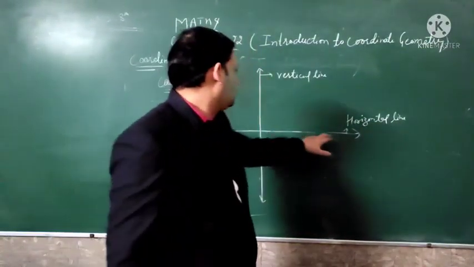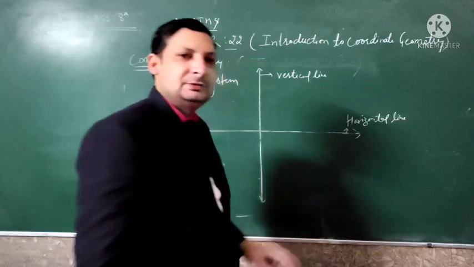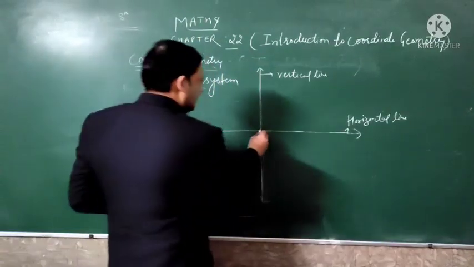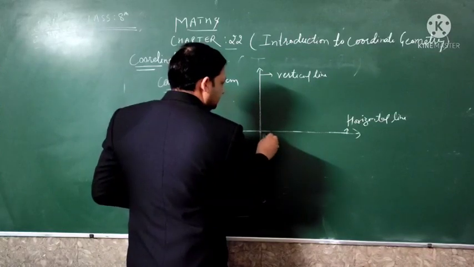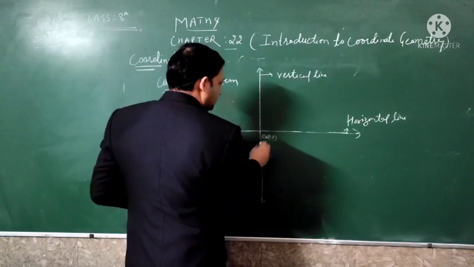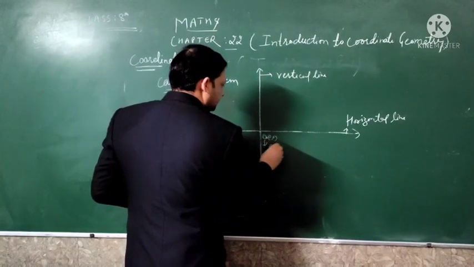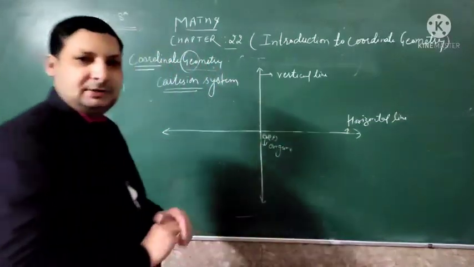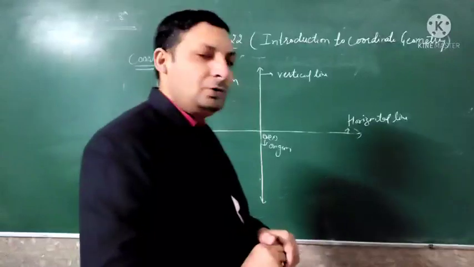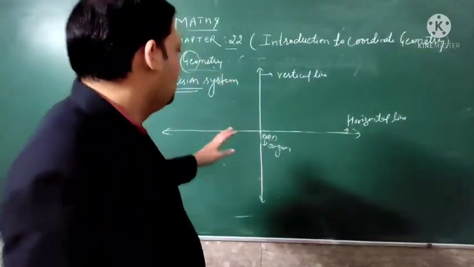This line is called the vertical line, and this line is called the horizontal line. So this plane is divided by 2 lines. Both lines intersect at one point, that is called O, and the point will be (0, 0). This is called the origin, where the horizontal line and vertical line intersect.